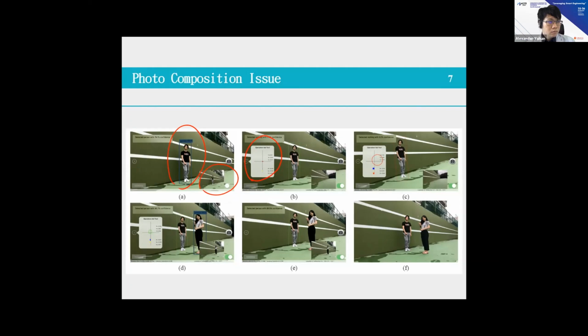alignments do not go well, then we will see these various cues to indicate we should try to adjust the alignment. Okay, so when the status goes like this, that means it's more properly aligned. Okay, so this is like in the real case, the lady steps in. Okay, so now it's the gentleman's turn to take the photo of the lady.